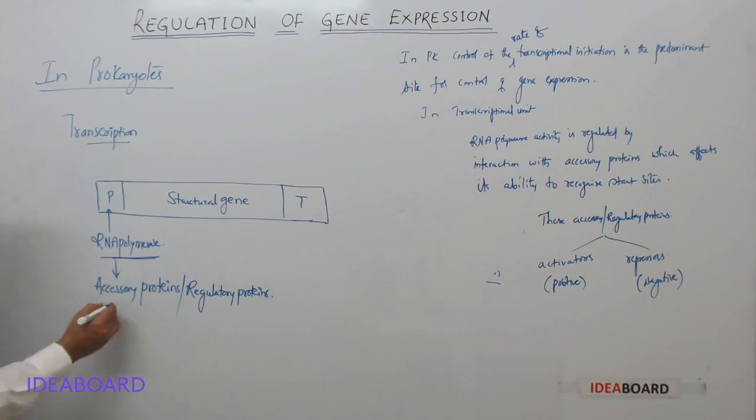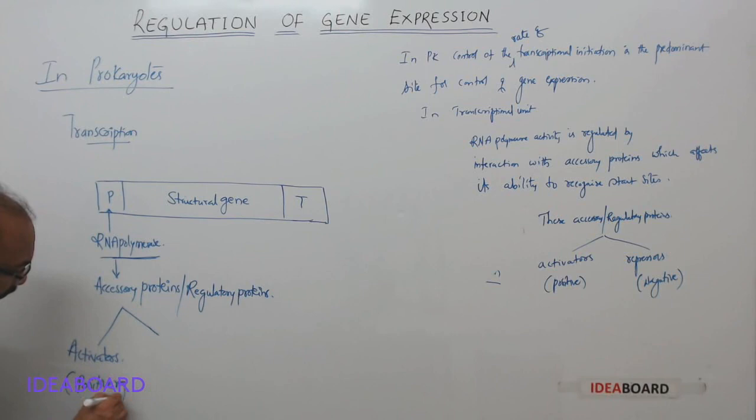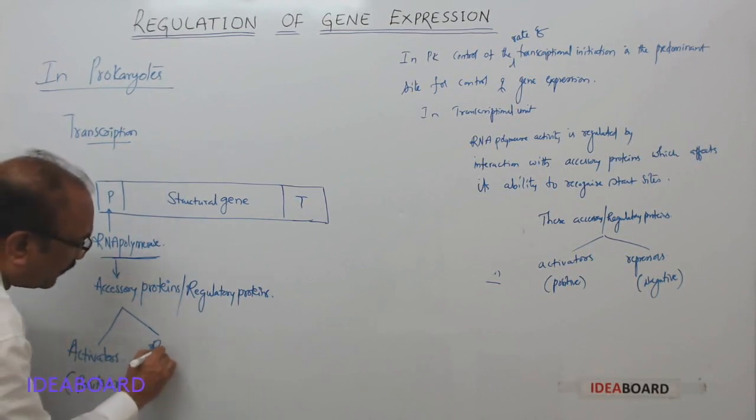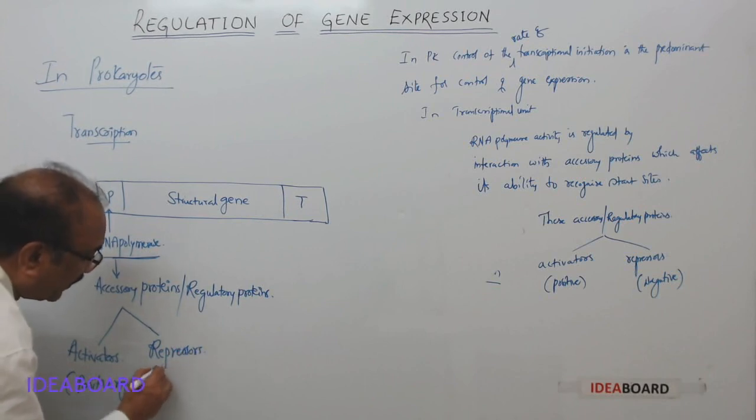And these accessory proteins or regulatory proteins may behave as activators. Then the regulation is called positive regulation. And sometimes they behave as repressors. Then it becomes a negative regulation.